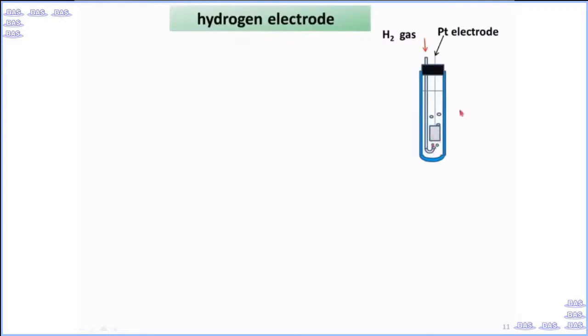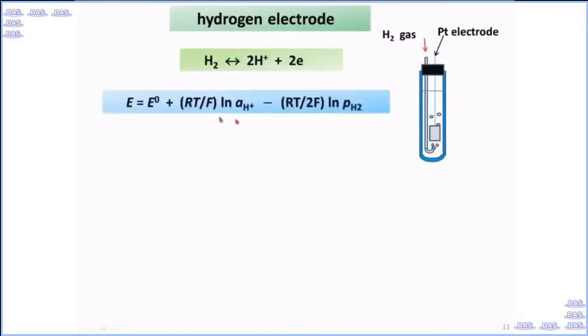We define the standard potential as 0 volt. For this reaction, the standard potential depends, of course, on the proton content and the hydrogen molecule pressure.